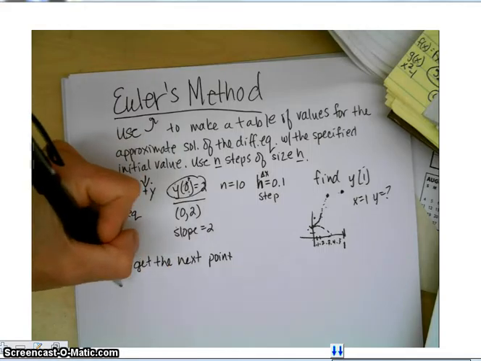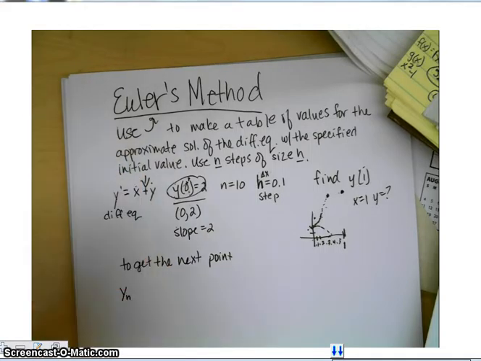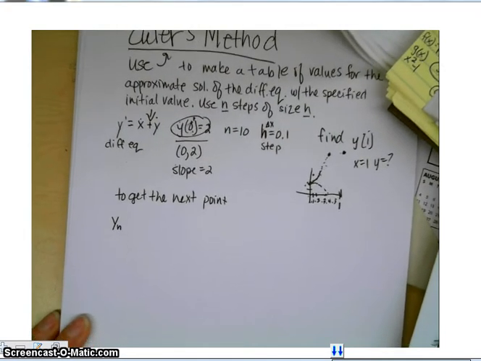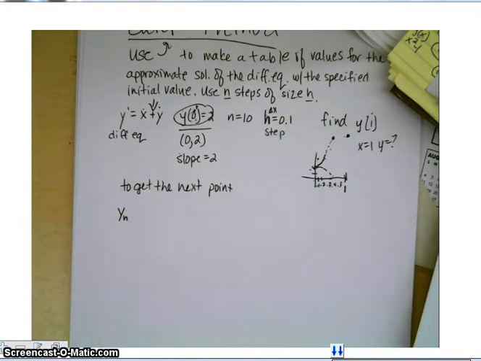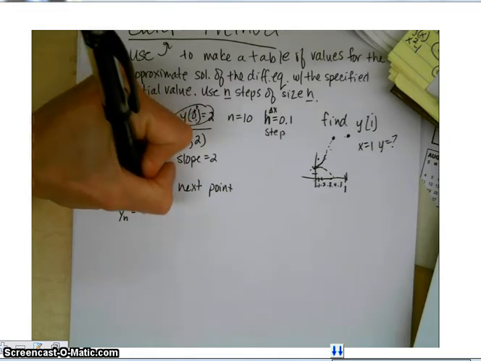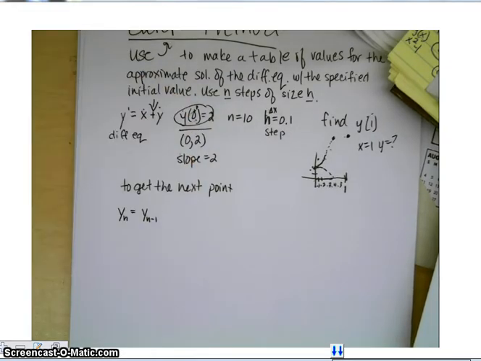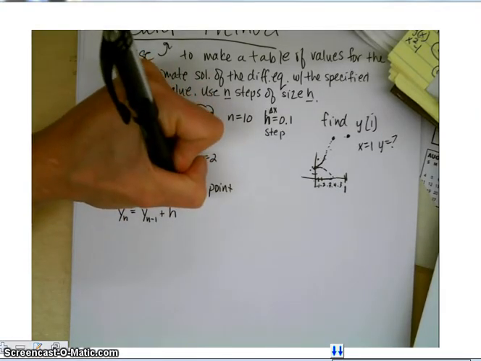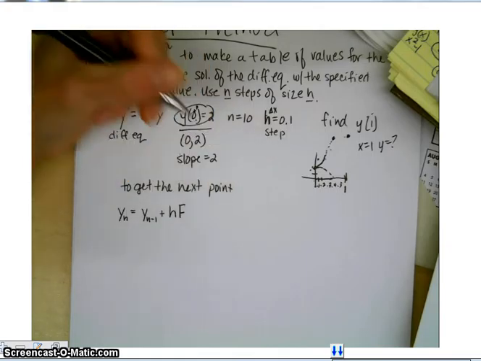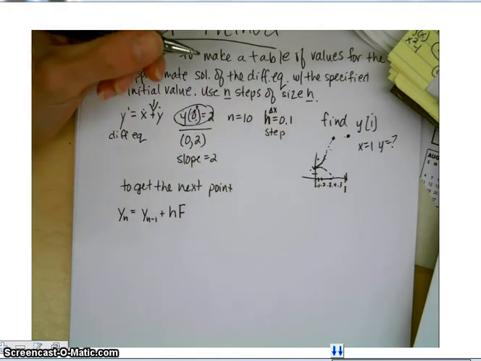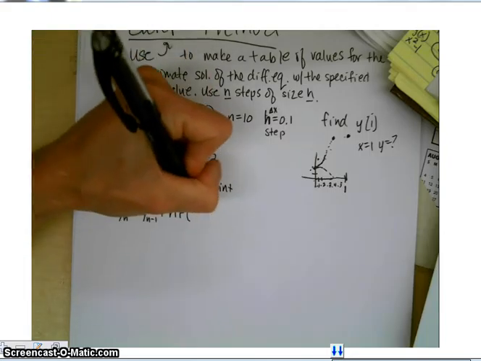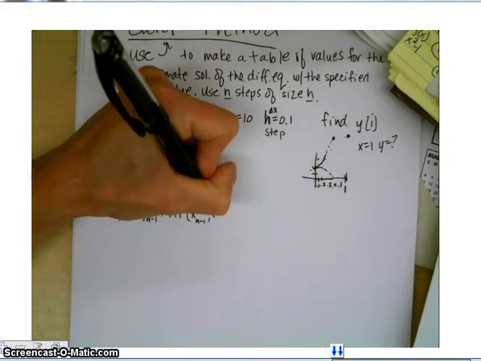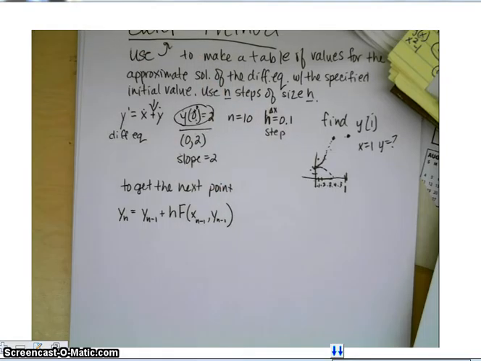Well, our x's are easy, but our y sub next is equal to y sub n minus 1, the previous y, plus our h times capital F of x sub n minus 1, y sub n minus 1. Doesn't that look like a fun formula?